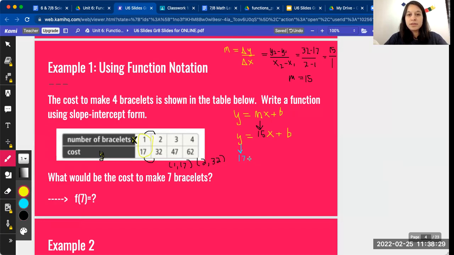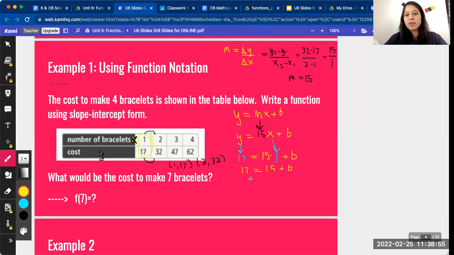Everything else is still the same, equals 15 times x, but now I'm going to plug in my point. I'm using 1, 17, so I can plug in a 1, and then it's plus b. So now when I solve, I get 17 equals 15 times 1 is 15 plus b. That means b has to be 2.